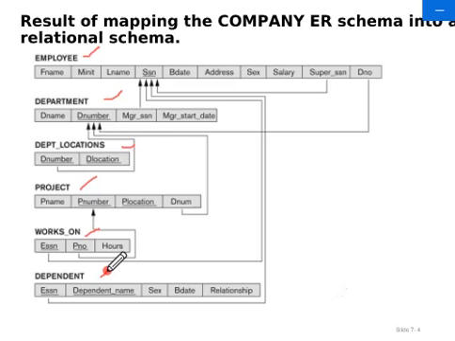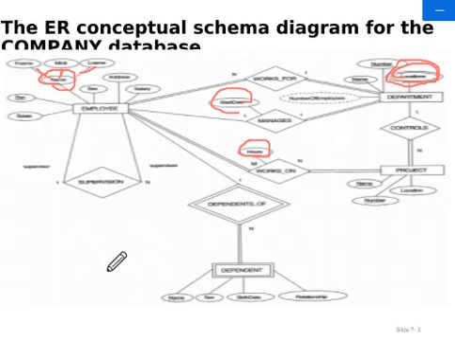Accordingly, whatever is given in the ER diagram, we will write each relationship and add the attributes of that relationship. We will create the relation and add the attributes of that particular entity.